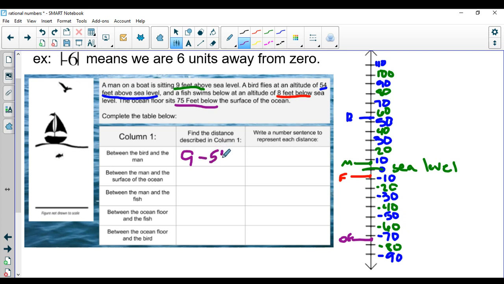And I want to know the difference between those two. So I'm going to write that as an absolute value problem. I want to know the absolute value of 9 minus 54. And 9 minus 54 is going to give me 45 feet. So between the bird and the man is 45 feet.